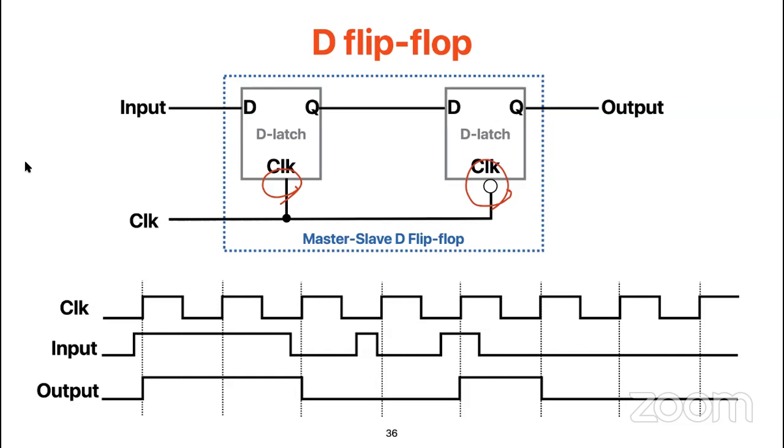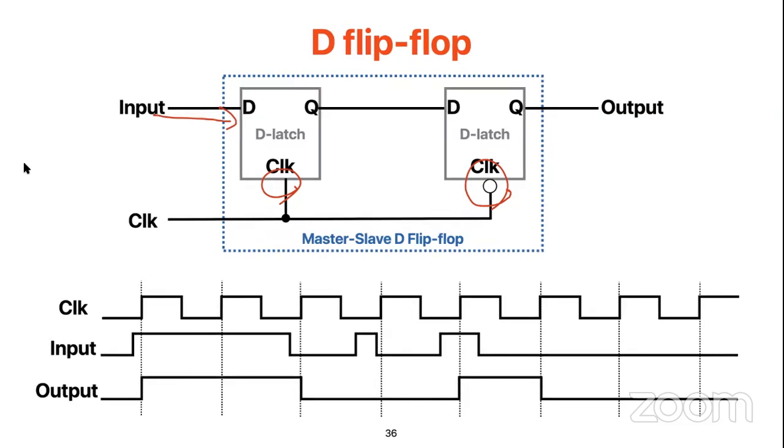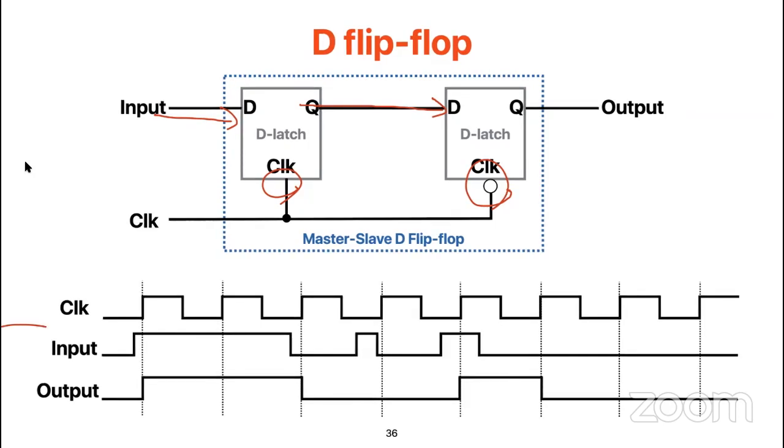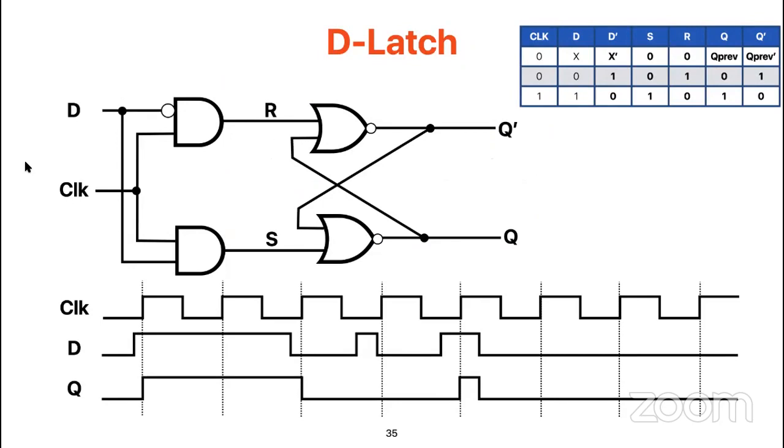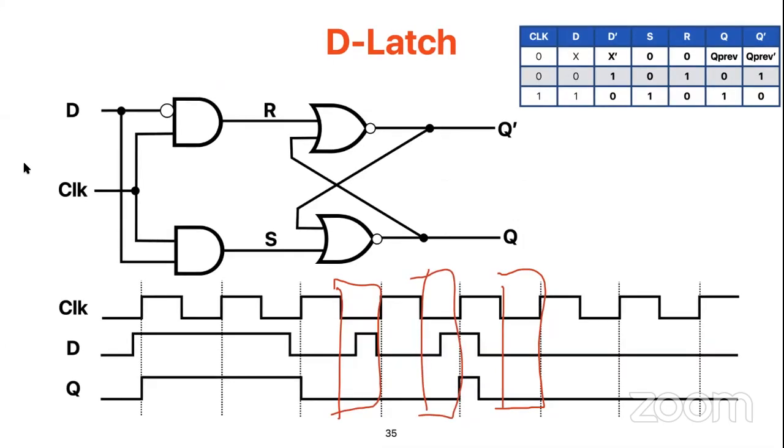The basic idea is that whenever the positive edge clock receives the new input, it would propagate to the negative edge clock D-latch as another storage, right? As you can observe from the previous graph, our latch can only store signal for half of a clock cycle, right?